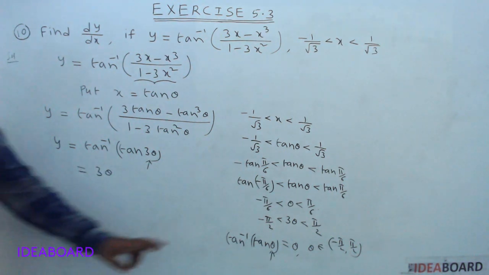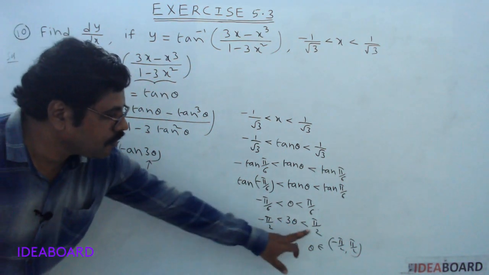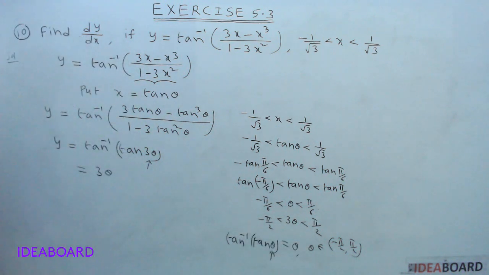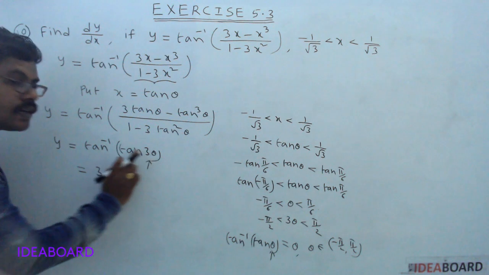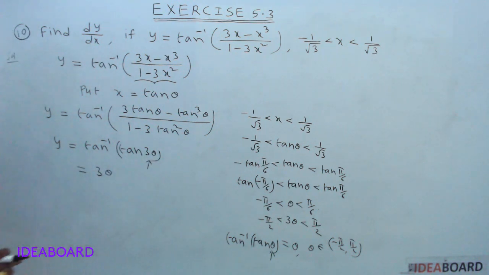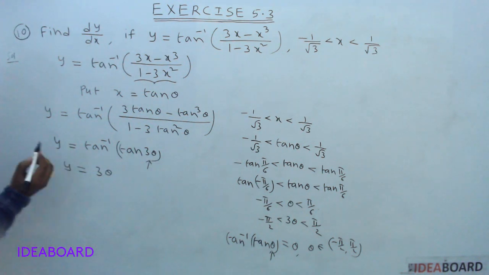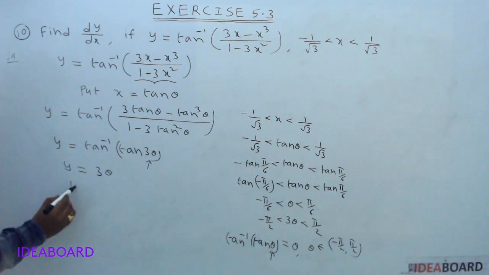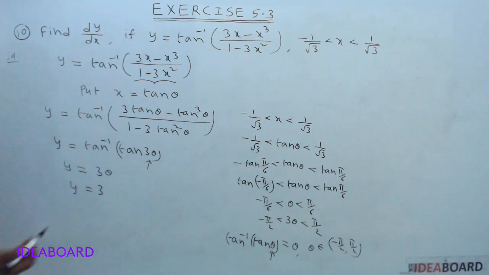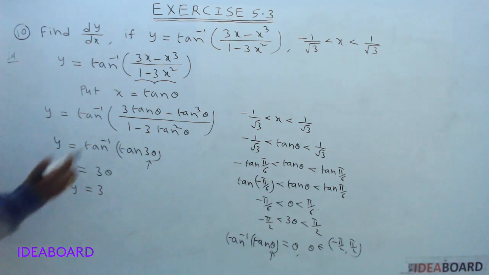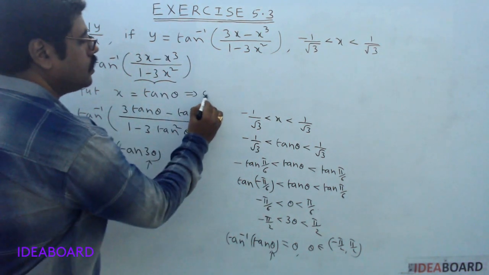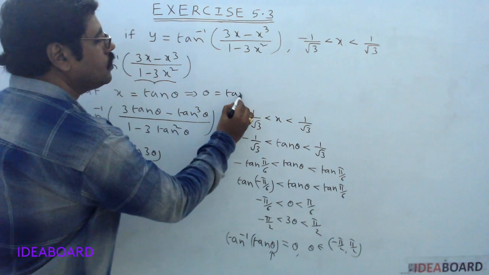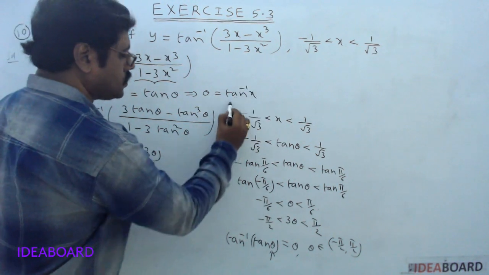So this is y equals 3 theta. y equals 3 into theta. x equals tan theta. From this equation, theta equals tan inverse x.